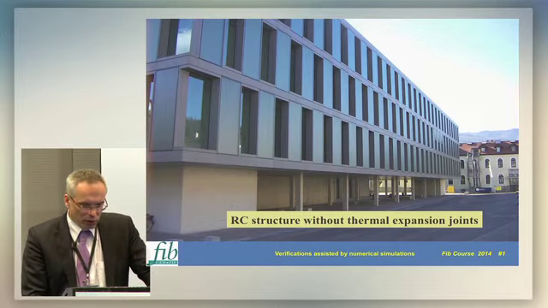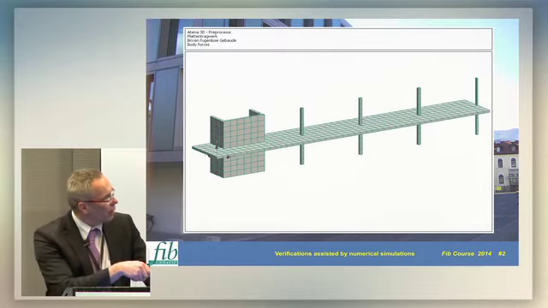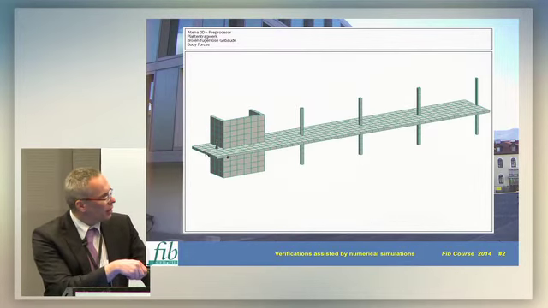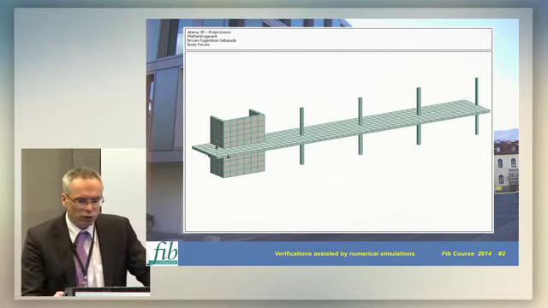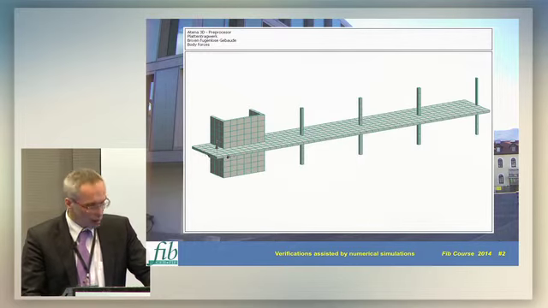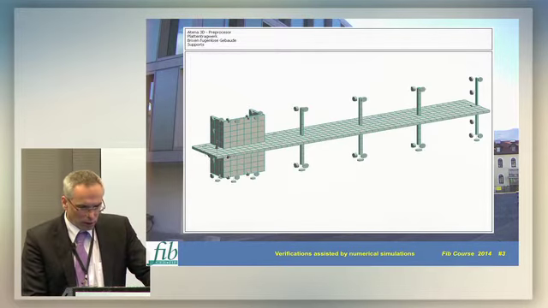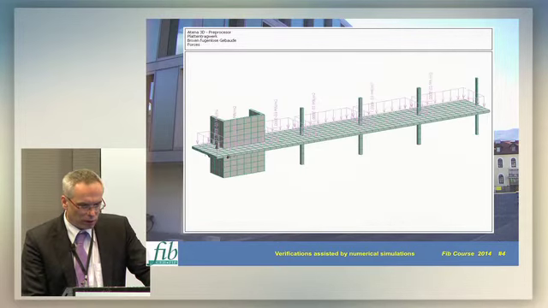Also, another aspect of this building was that there were no expansion joints. So also, let's say, a larger scale model was created of a quarter of a half of one of the stories, including, of course, some supports and loads.